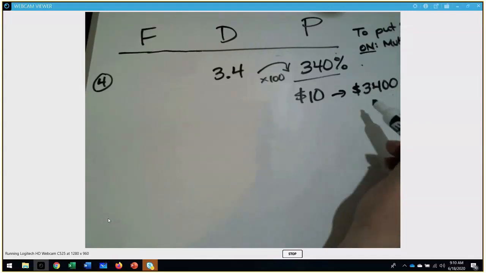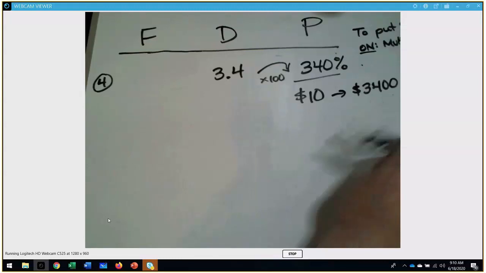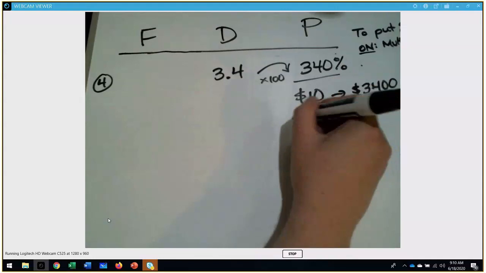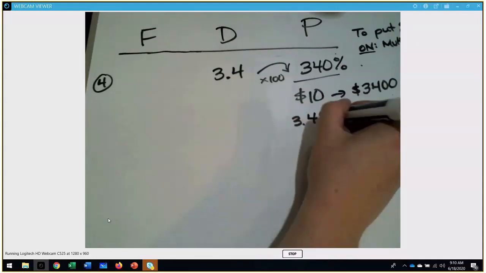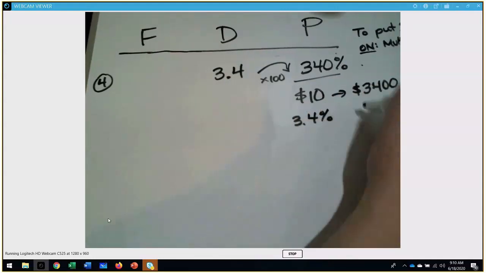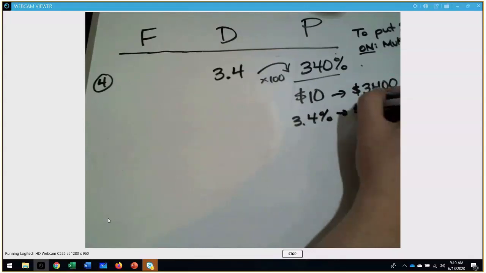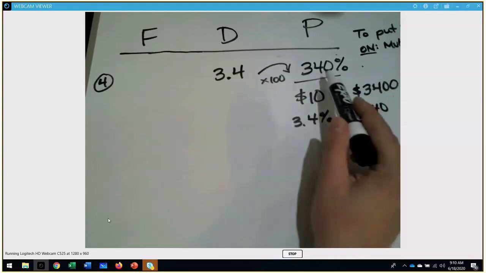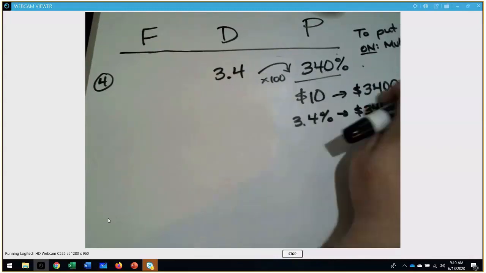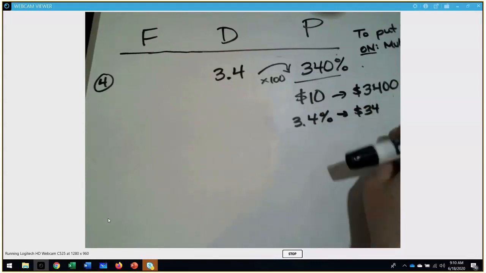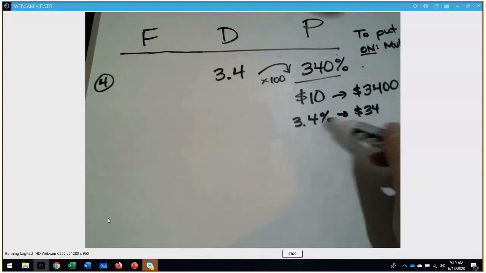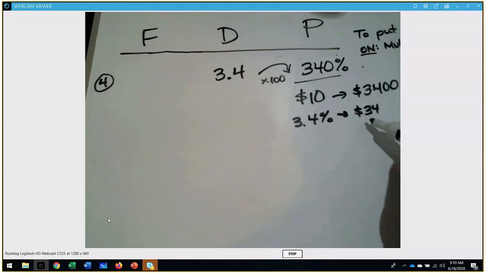Well, if my minimum payment was 2 cents, I could work with it. Most interest rates would be more like this instead, which means you'd end up paying more like that much back. The decimal makes a huge difference. If you borrowed $10, you'd end up paying $34 back instead of $3,400. That's crazy.